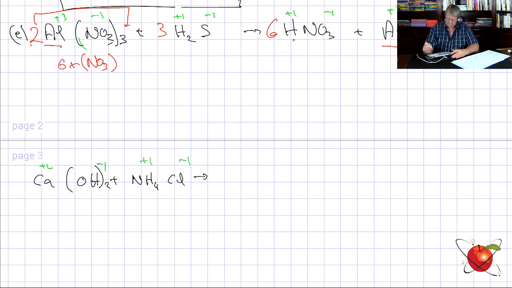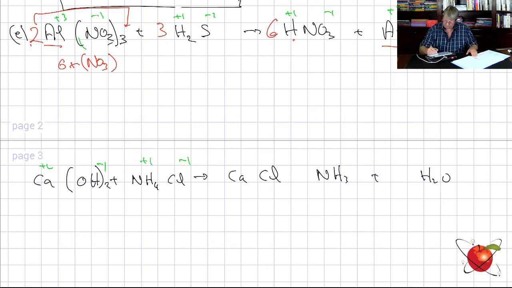Then they said it went to calcium chloride, and ammonia, which is NH3, and water. Let me just check that that's in fact what I said. Calcium, ammonia, water, yeah. So right now, calcium is balanced, chlorine is balanced.